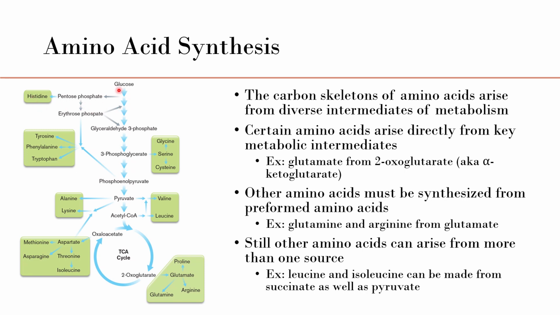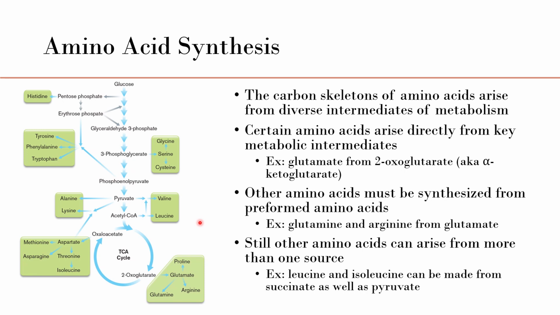So pentose phosphate right at the beginning of glycolysis can create histidine. Pyruvate can be shunted off to make valine. Acetyl-CoA can make leucine. And then we have alpha-ketoglutarate, or 2-oxoglutarate. This one can create glutamate, which can become proline, arginine, and glutamine. So lots of different amino acids can be created from this one intermediate.